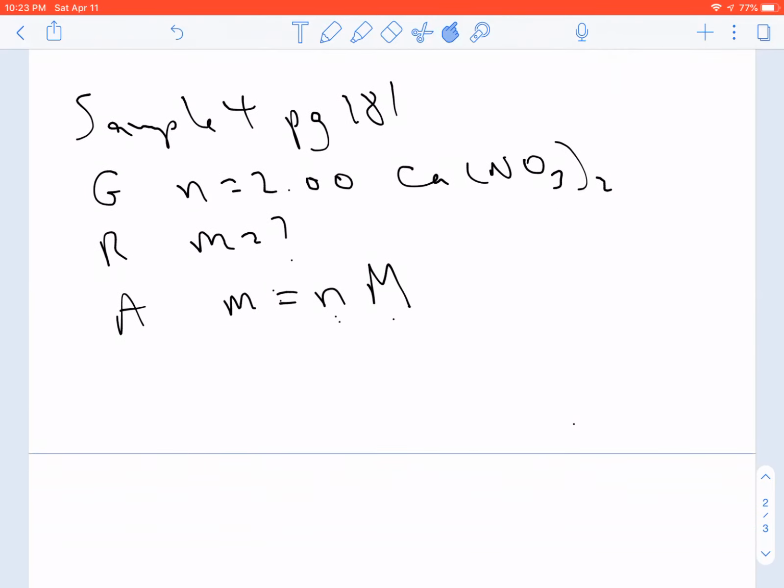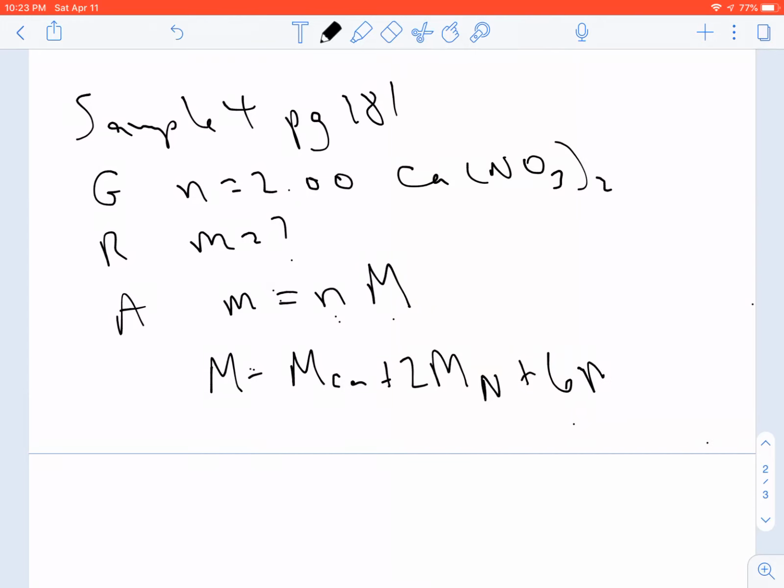If I want to solve for big M for calcium nitrate, Ca(NO3)2, it's 1 times the mass of calcium, plus NO3 times 2, so it's 2 molar masses of nitrogen, plus 3 times 2, 6 molar masses of oxygen. So I'm going to put my numbers in here.